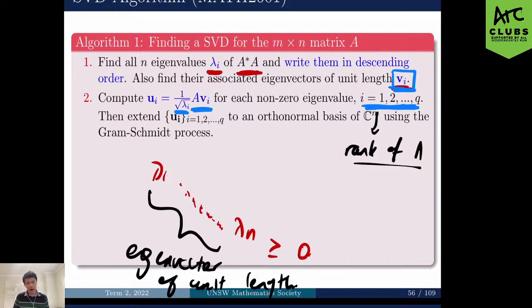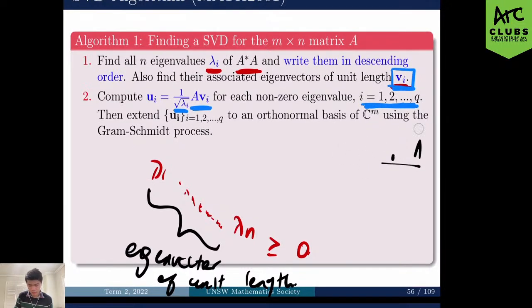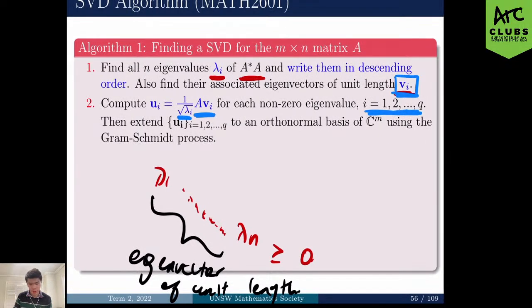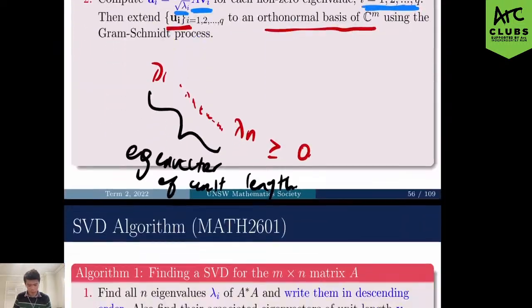The reason is that it tells us the number of non-zero eigenvalues. Because if you have a 0 eigenvalue, you don't do this procedure, then you extend this set of eigenvectors to an orthonormal basis of C^m. And you use the Gram-Schmidt process to do that.